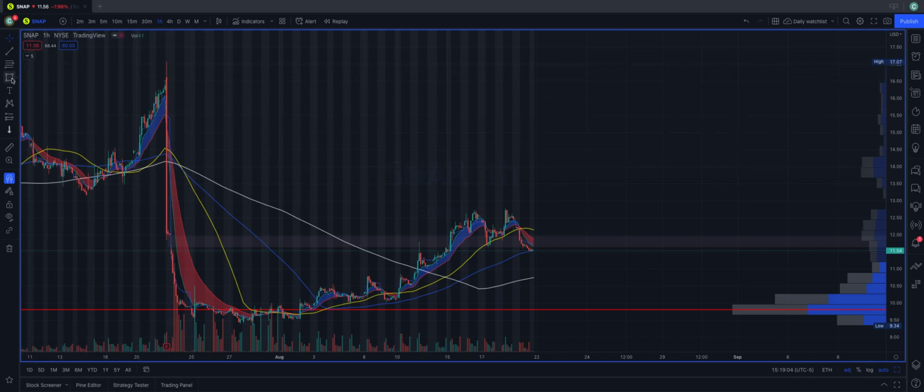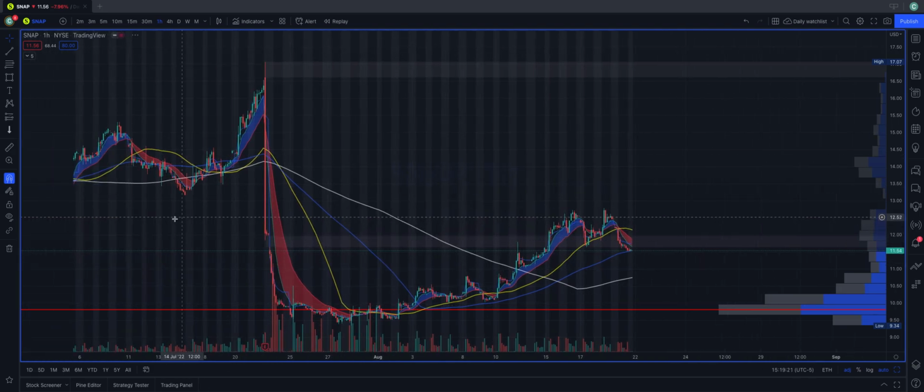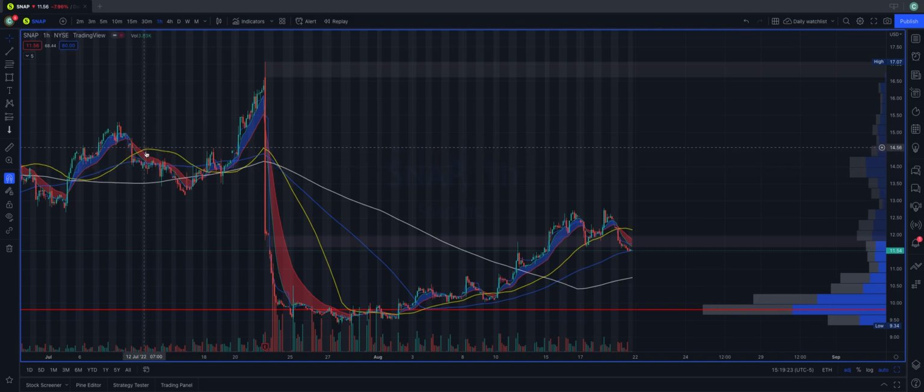What this is telling me is that if we ever get back up to this level here, we're going to have some orders left up here too at the 17 level. I look for that to be a strong level to short. Notice here we had a big move on this one candle, but we stayed in this zone, so I think all these orders got filled at this level.